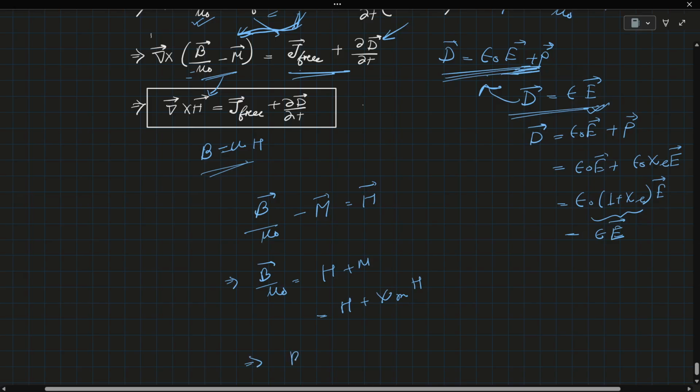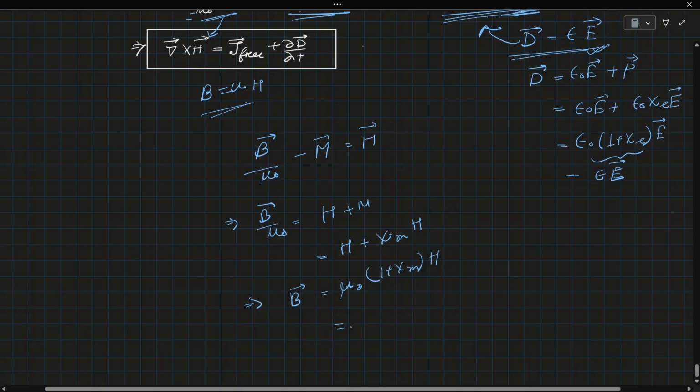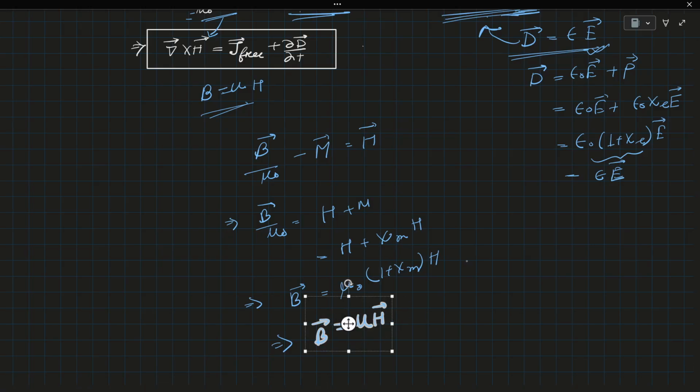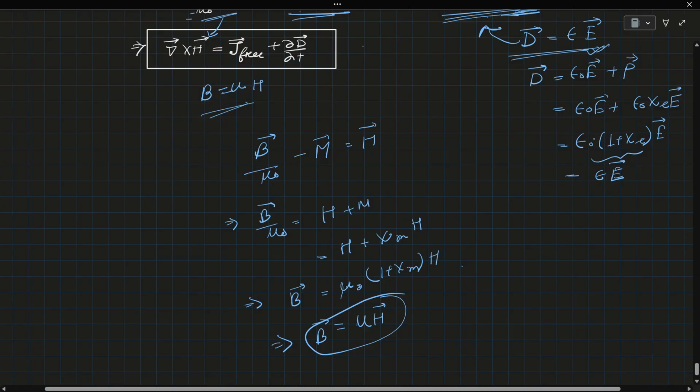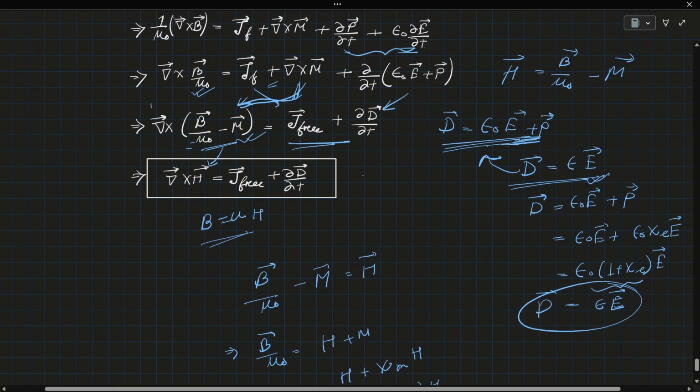So now B equals, the mu naught that was in the denominator will be on the right hand side in the numerator, and on taking H common, 1 plus chi m times H. This is mu, so B equals mu H. So actually these two equations, this and D equals epsilon E, came from these two, this one and this one, right? I hope you have understood this.